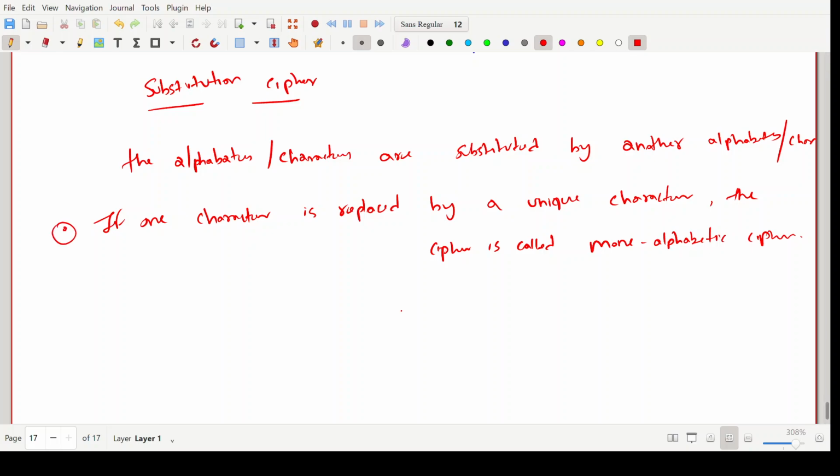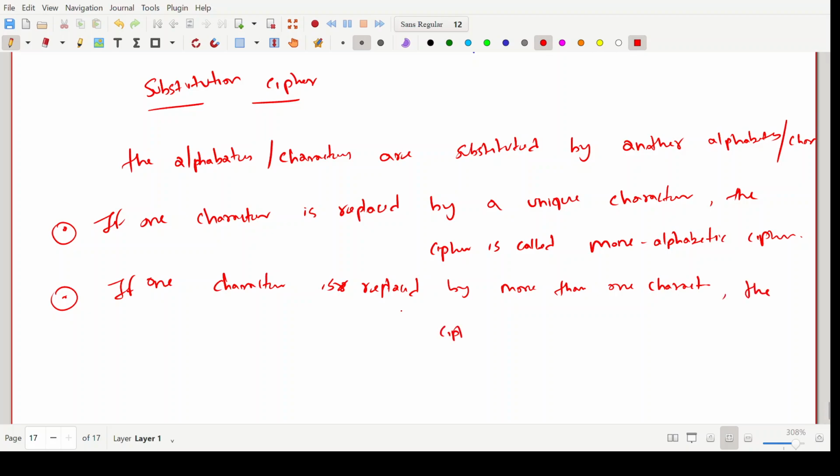If one character is replaced by more than one character, the cipher is called polyalphabetic cipher.